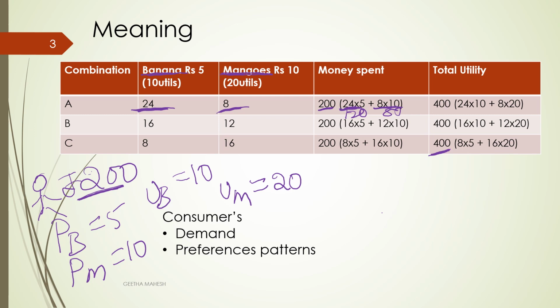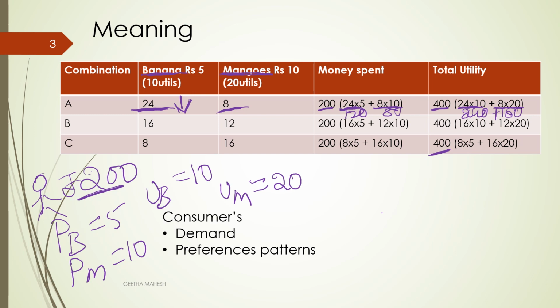If we calculate the utility derived, from 24 bananas he can derive 240 units of utility and from mangoes he can derive 160, which together is equal to 400.